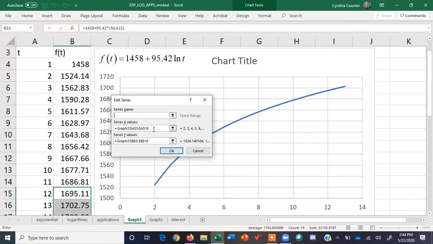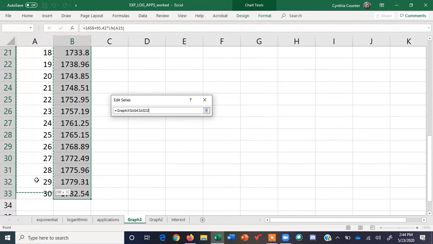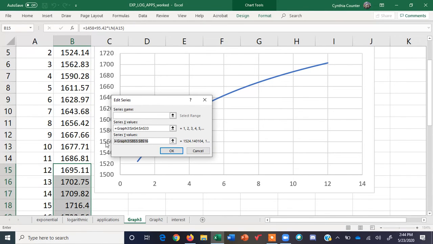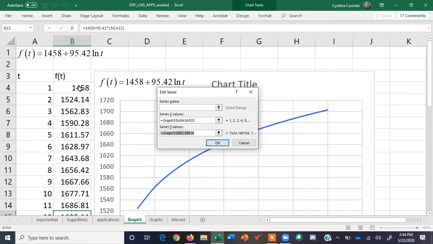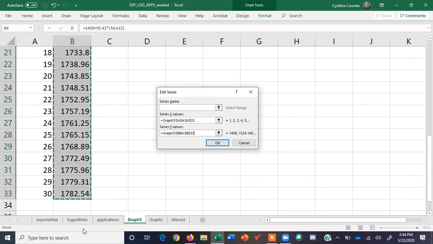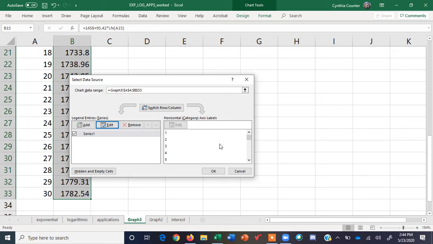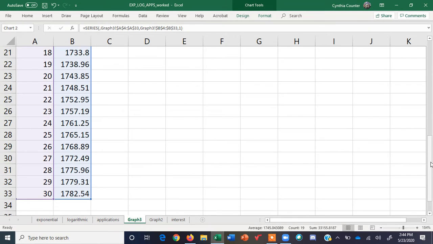So let's go ahead and change this. I want this to go from this 1458 all the way down. Okay, let's see what happens.